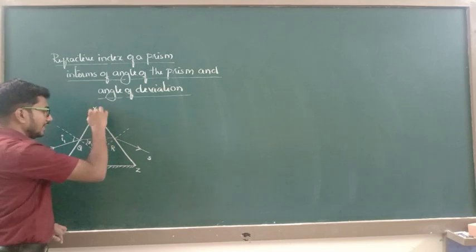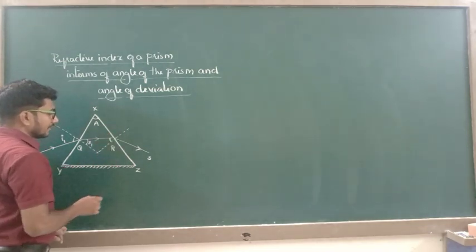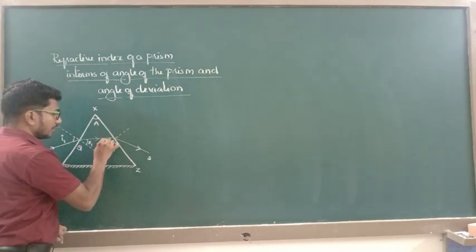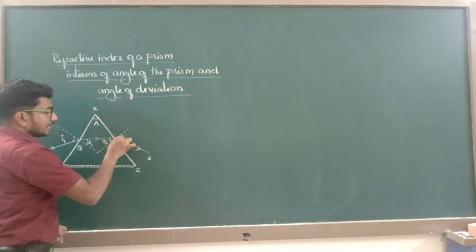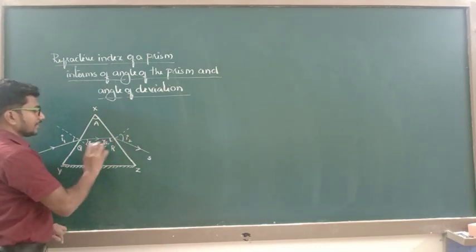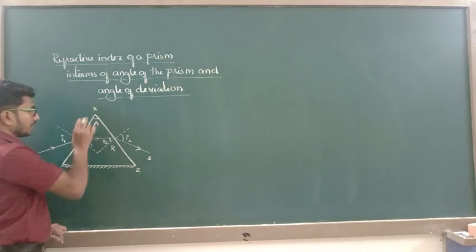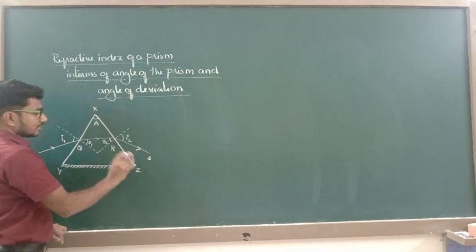Now incident light ray in denser medium, let us say this angle of incidence is R2 and this angle is I2. For our convenience, I am going to consider I1, R1 on first face, I2, R2 on second face.